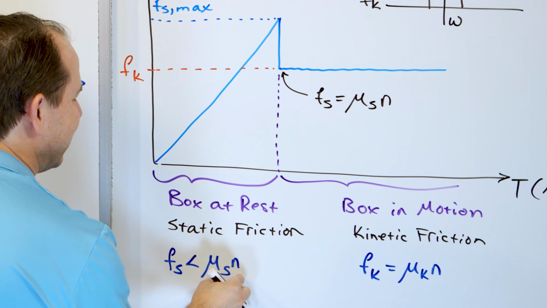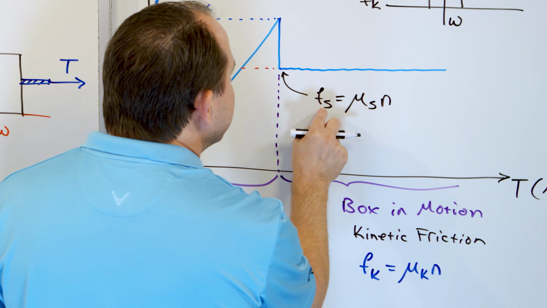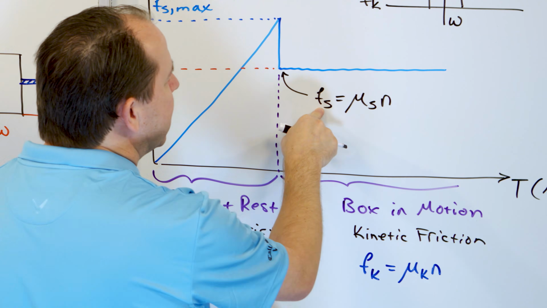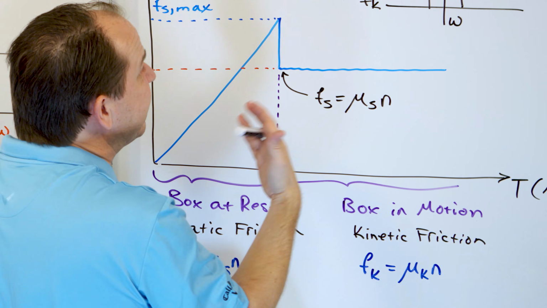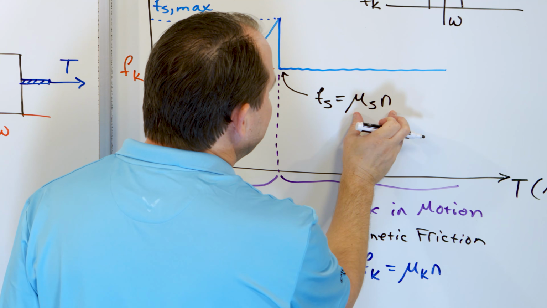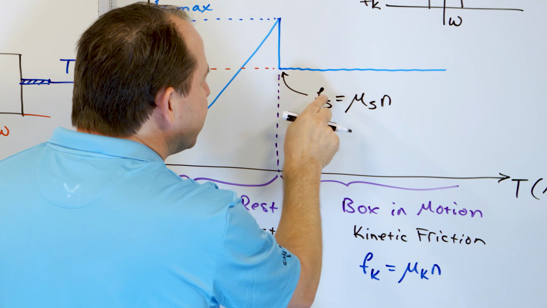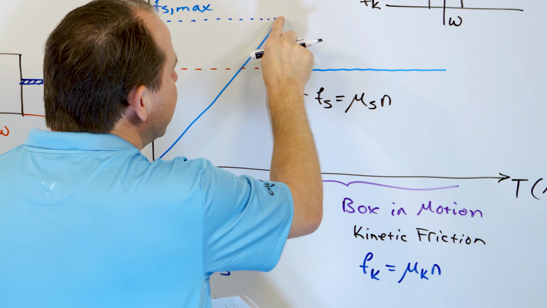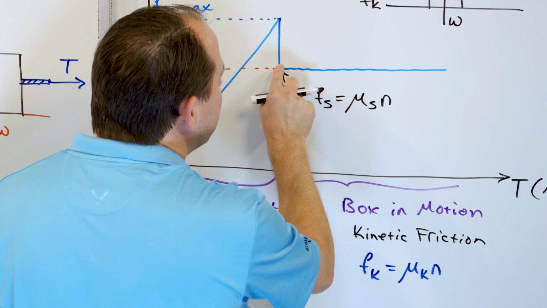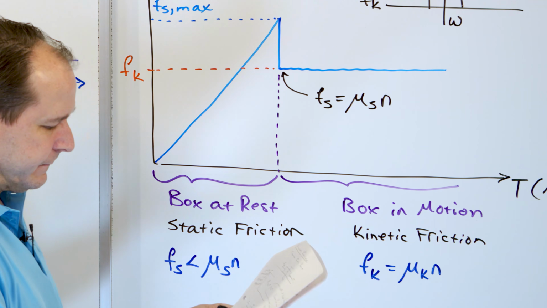It's less than this critical number right at the breaking point, and the maximum amount of friction that can be generated by the object, so to speak, or resisted by the object, is equal to the coefficient of static friction times the weight. And then once you get just a little bit beyond that, even just a nanonewton of extra pull, the friction drops dramatically lower to a new value, which we call the kinetic friction here.